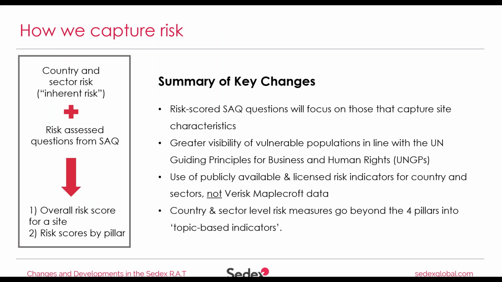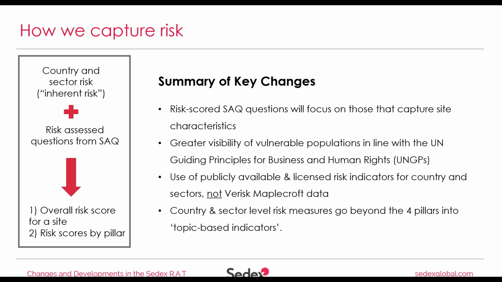So moving on, how do we capture risk? This slide is about what's staying the same and what's changing. And I guess what's changing is the tool itself. But the point on the left is that the overall format of how the tool works stays the same, in that it takes country and sector risk, which we call inherent risk, and then puts that together with risk assessed questions from the self-assessment questionnaire.